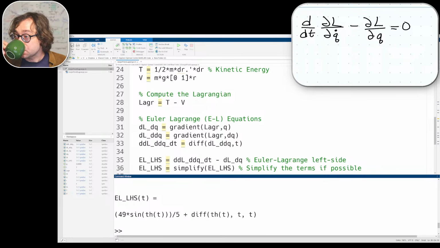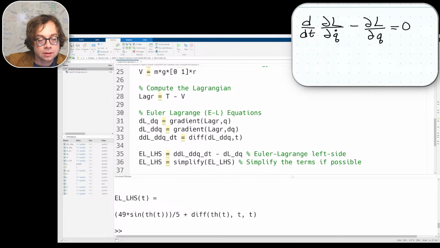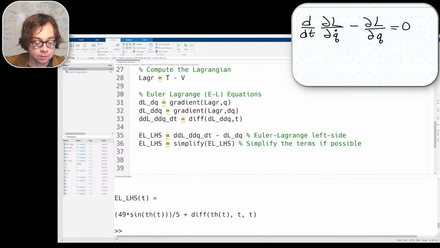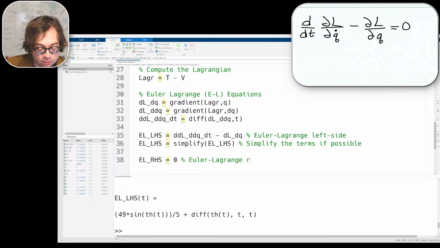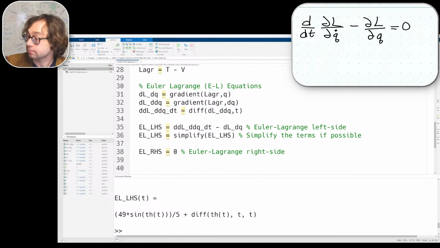All right. This is pretty good, but we want to be able to take these equations and simulate it somehow. And the EL-RHS, the Euler-Lagrange right-hand side, is equal to 0. Okay, got that.